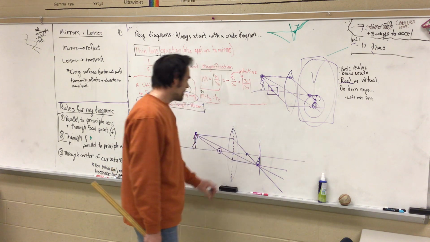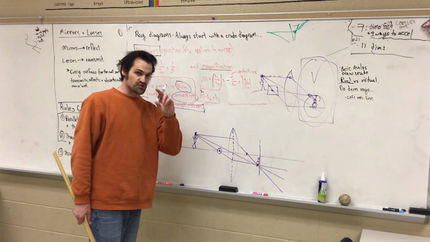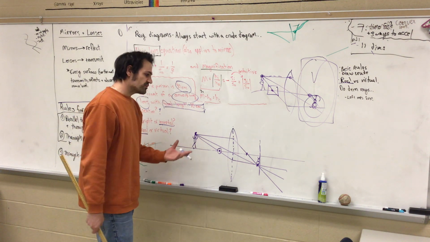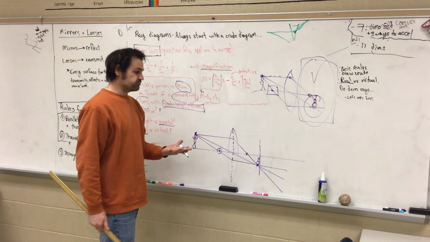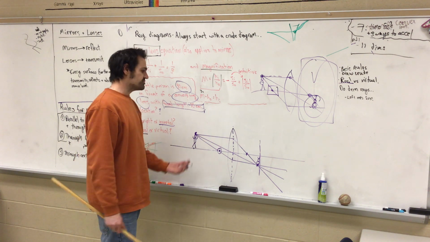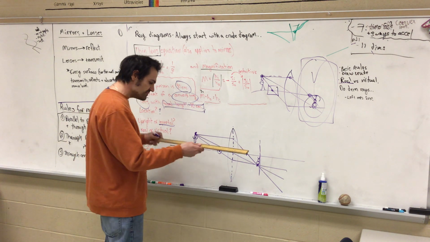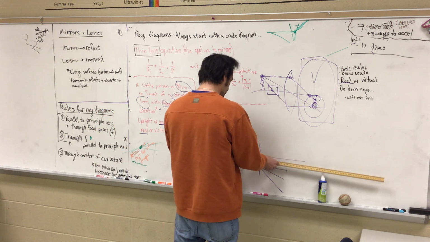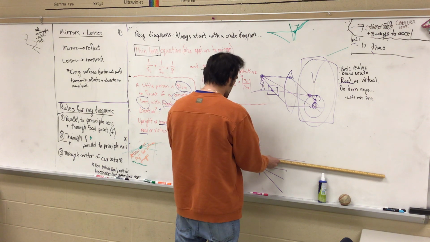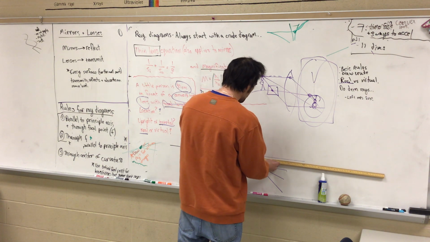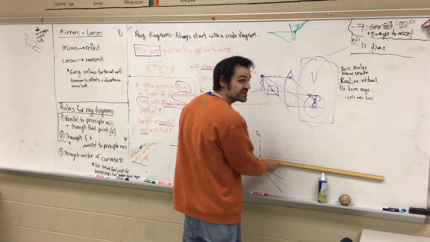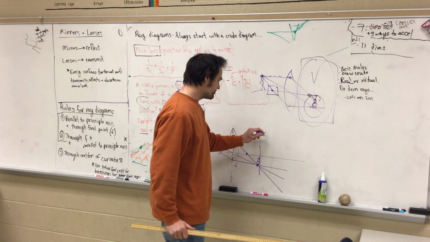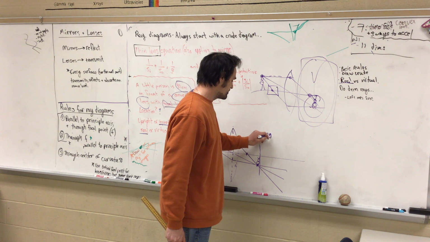And you can already tell the magnification should be less than 1 because that person looks small. If you draw your ray diagrams, it'll tell you pretty darn well if it's big or if it's small. In fact, I'm even going to measure this distance to know ballpark what we're hoping the image distance will be. The image distance should, based on the measurement, be roughly 20 centimeters.